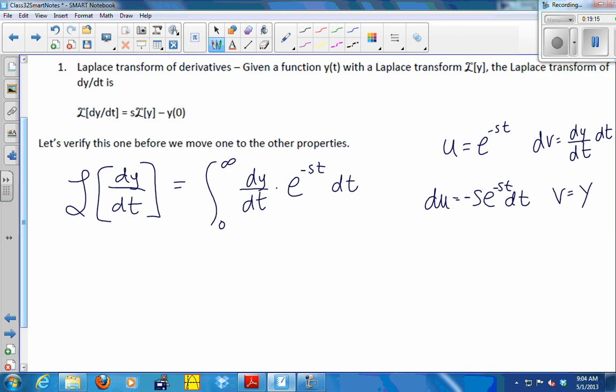So then remember the whole thing about integration by parts is that the integral of u dv is equal to u times v minus the integral of v du. And if it has bounds, just throw the bounds on everything. So it's going to be evaluated from 0 to infinity.